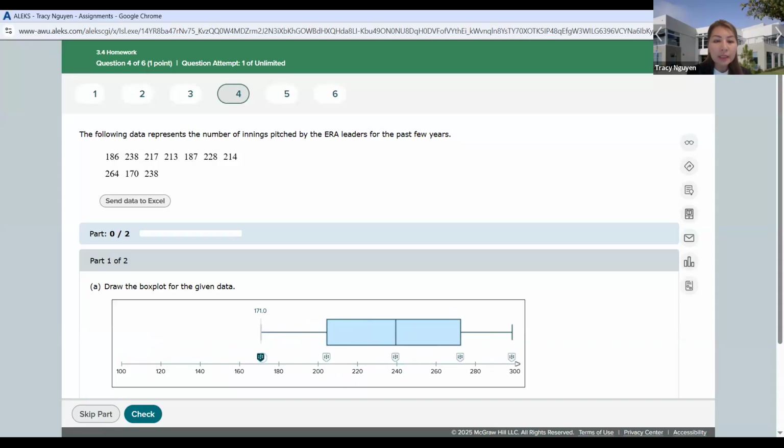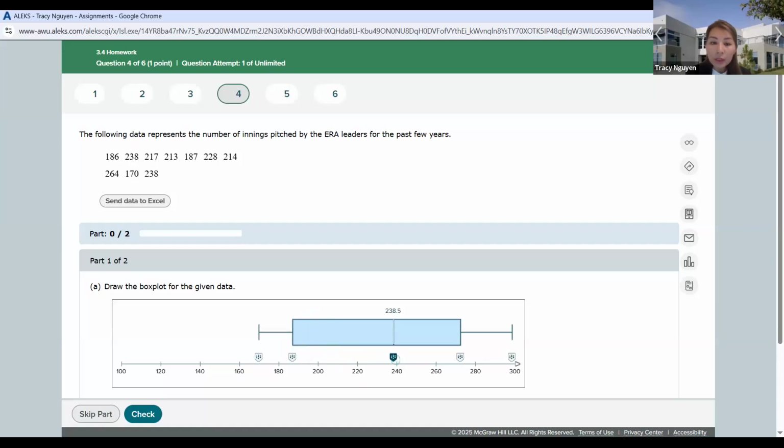As we move, we can see that the number is moving and then we stop where we want to stop. Next, this one is our Q1. Q1 from our data, we found that it was 187. So I'm going to move till we get to 187 here. We don't have the option to key in, but just to move the cursor.